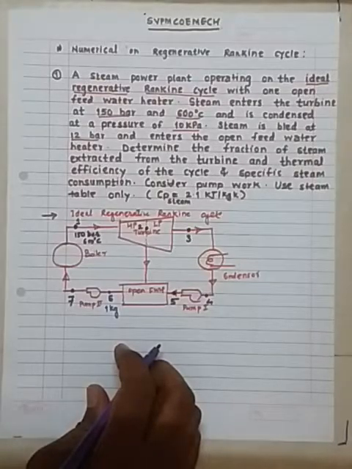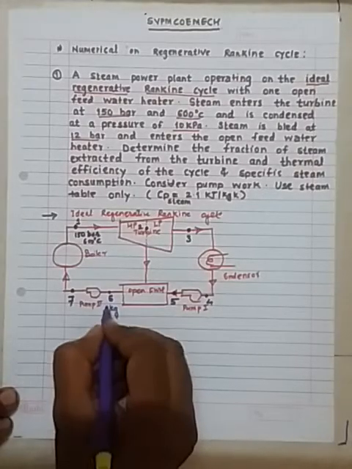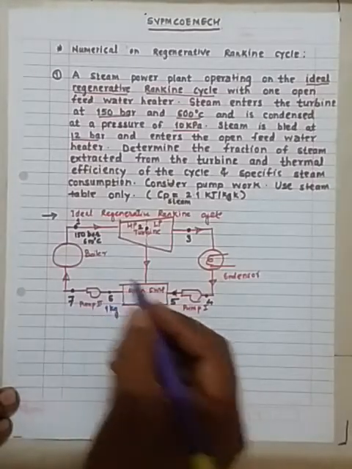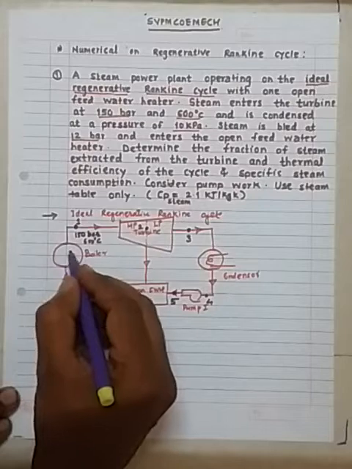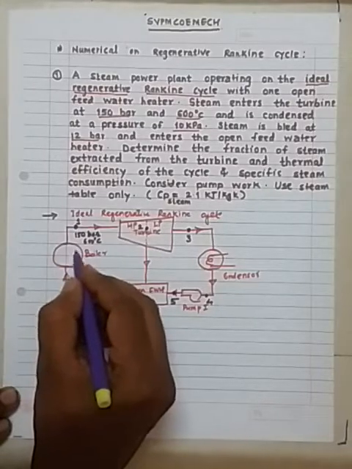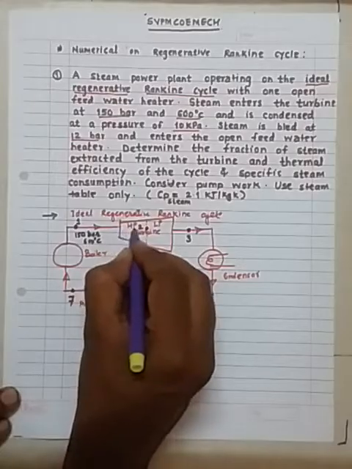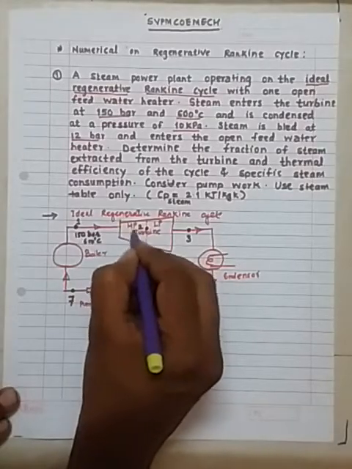So the same 1 kg steam this pump 2 is handling, the same flow through the boiler is there, that is 1 kg per second, and the HP stage of the turbine is also handling 1 kg.